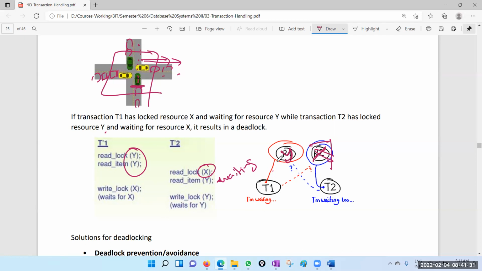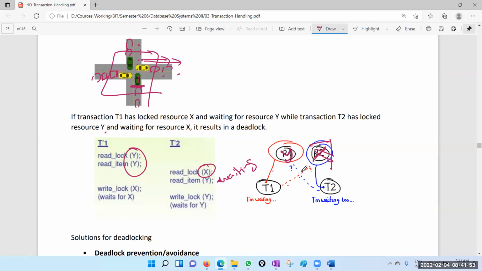Now the next step of transaction 1 is to access X. So now it needs a lock on resource X. But unfortunately X is locked by transaction 2, which is waiting for lock Y. You have locked resource Y, and now you are waiting for resource X.